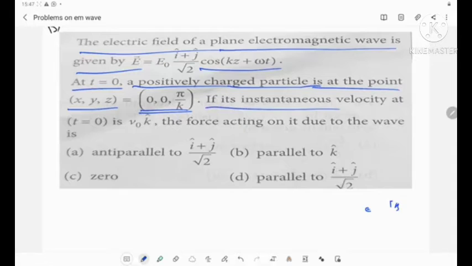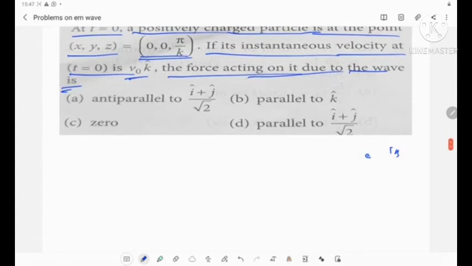If its instantaneous velocity at t is equal to 0 is v naught k cap, the force acting on it due to the wave is. Here, in an electromagnetic wave, force is acting due to the electric field and due to the magnetic field.